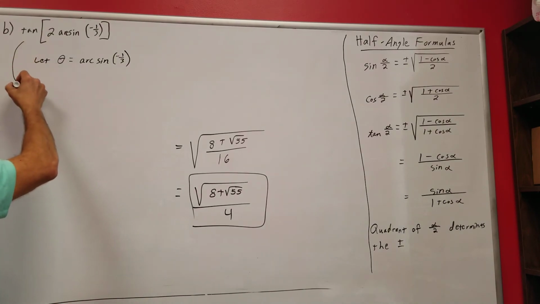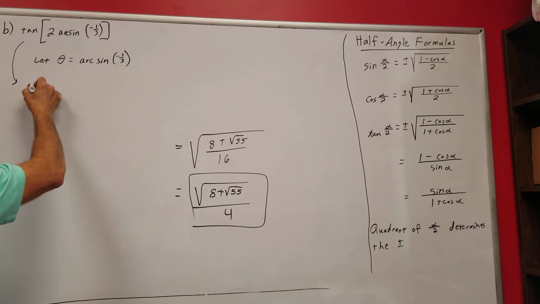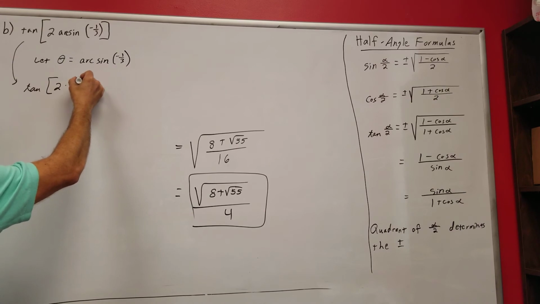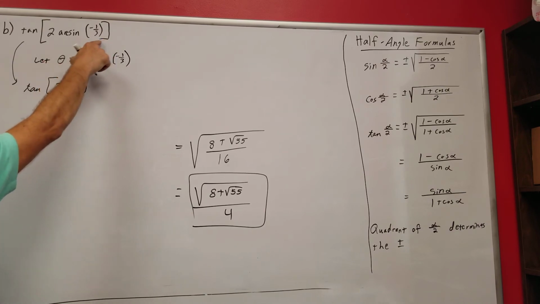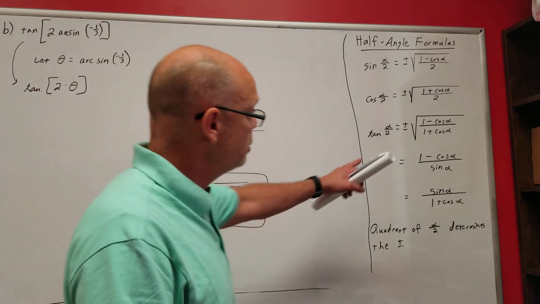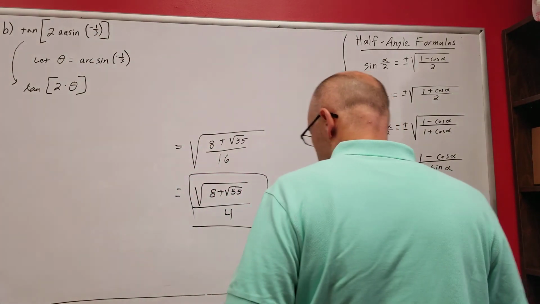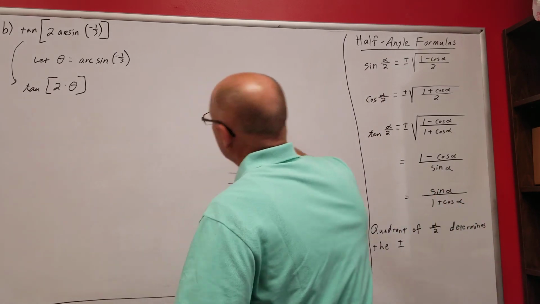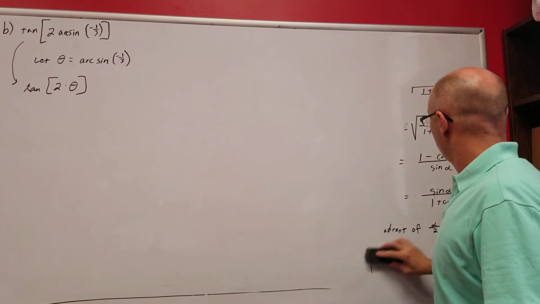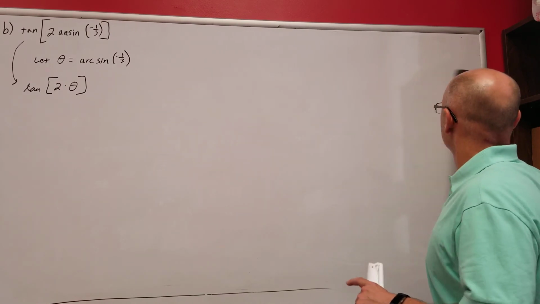So in other words, this becomes the tangent of 2 times theta. If I let this stuff be theta, 2 times theta. I do not have that identity here, right? That's 2 times an angle, so that's a double angle formula, or double angle identity, whatever you want to call it.